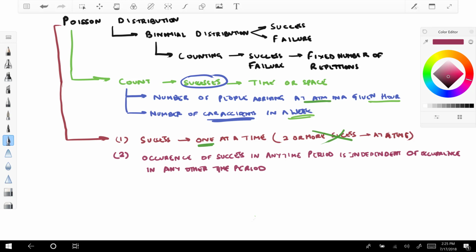In our ATM example, the occurrence of success in any one time period is independent of the occurrence in any other time period.